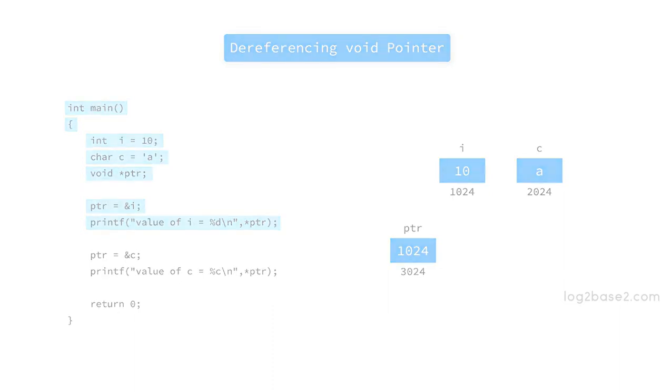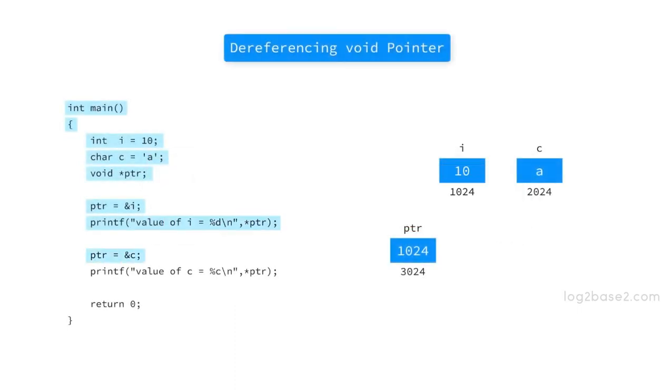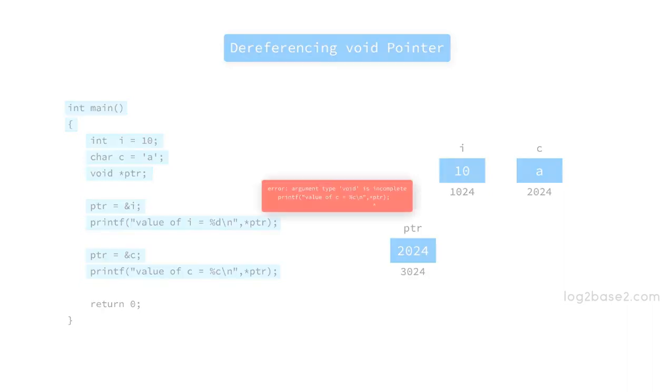No, we will get an error because it doesn't know which data type it's referring to. So we can't dereference a void pointer. Now, ptr is assigned the address of c, so it will store 2024. Now, we print *ptr using the %c format specifier, and again what will be the output? Again the same problem is here and we will get the error.